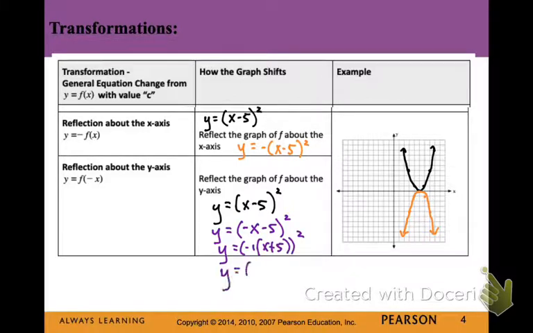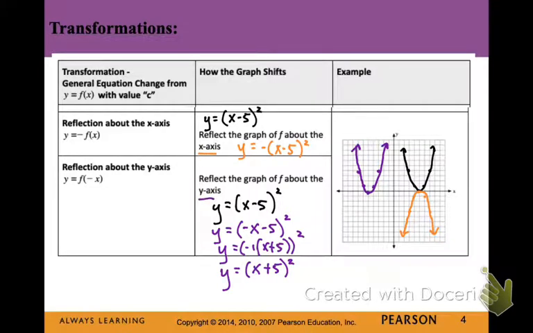And so now I have negative 1 squared, which is just 1, and then the quantity x plus 5 squared. So now you can see what I'm actually graphing is x plus 5. So that's going to look like a shift of 5 to the left from the parent function. And now you can see, looking at the graph, that the purple graph is being reflected about the y-axis from that black graph, our original.